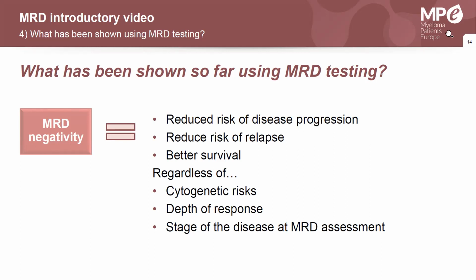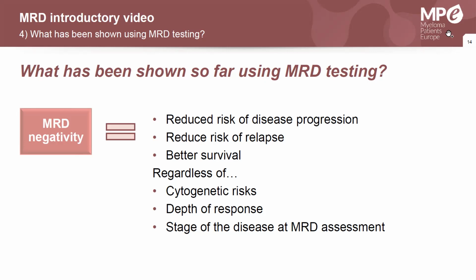These results were obtained regardless of whether a patient had high or low risk myeloma, regardless of the depth of response at the time of MRD assessment, and regardless of the time of MRD measurement: at diagnosis, relapse, and before or after maintenance therapy initiation, for example. When compared with other prognostic factors, MRD has been shown to be superior and the most relevant predictor of clinical outcomes.